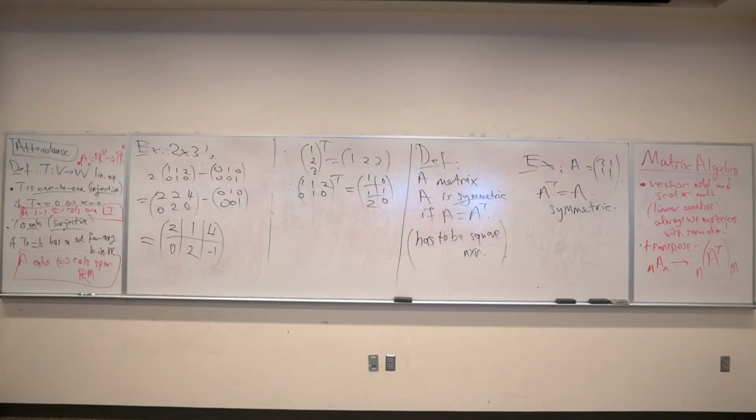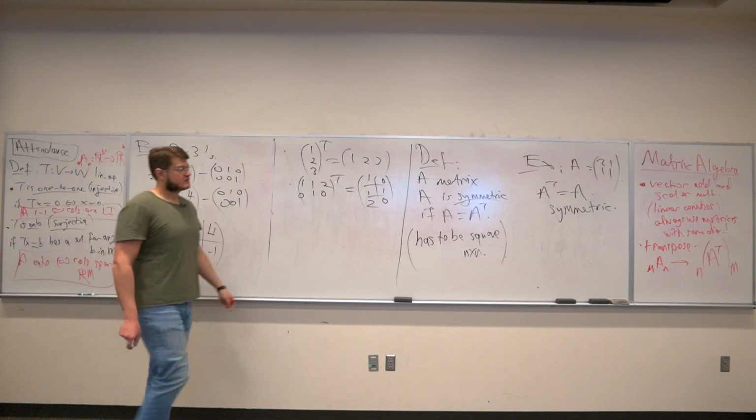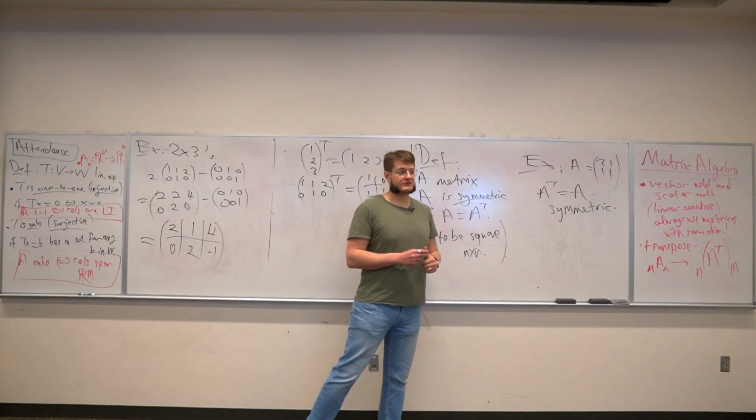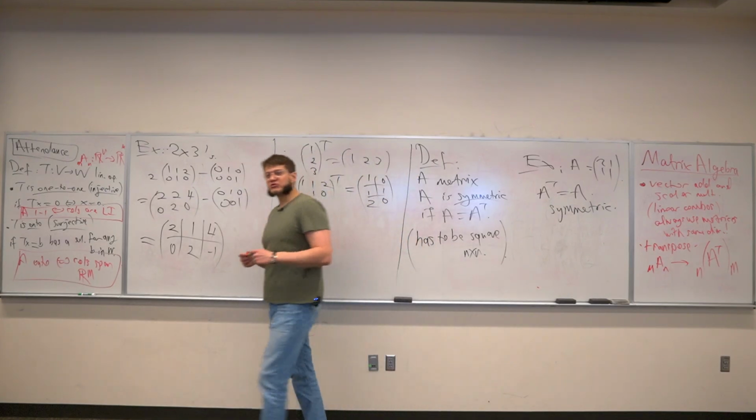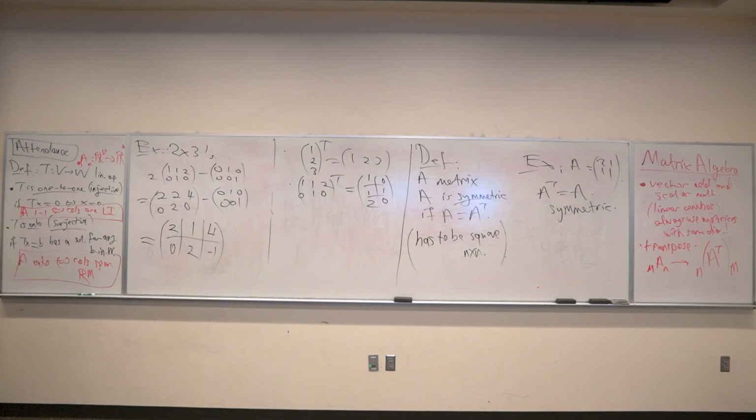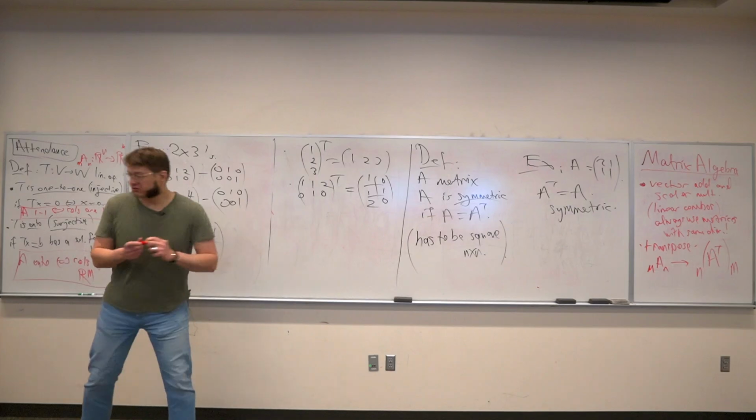I told you that the best types of matrices are the diagonal ones. If you have a symmetric matrix, we're going to see later that you can pretend that it's a diagonal matrix. This is what is called the spectral theorem. This is going to be the topic in week 10 or something.